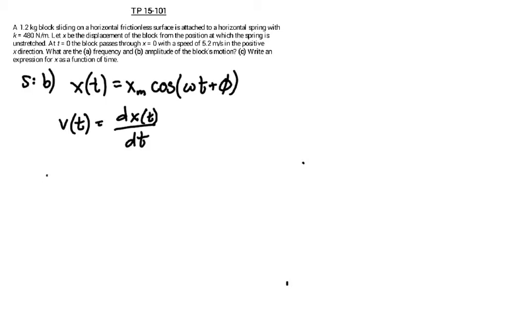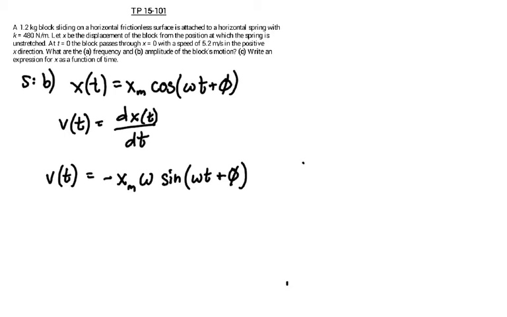Alright, so how'd you do? Well, you should have gotten something along the lines of negative maximum amplitude times the derivative of the inside times sine of our original function, angular frequency times time plus our phase constant.